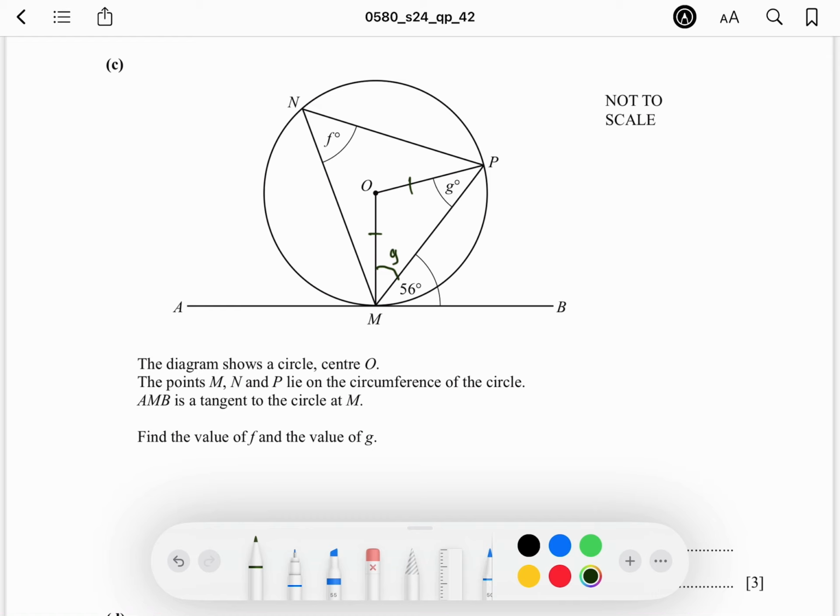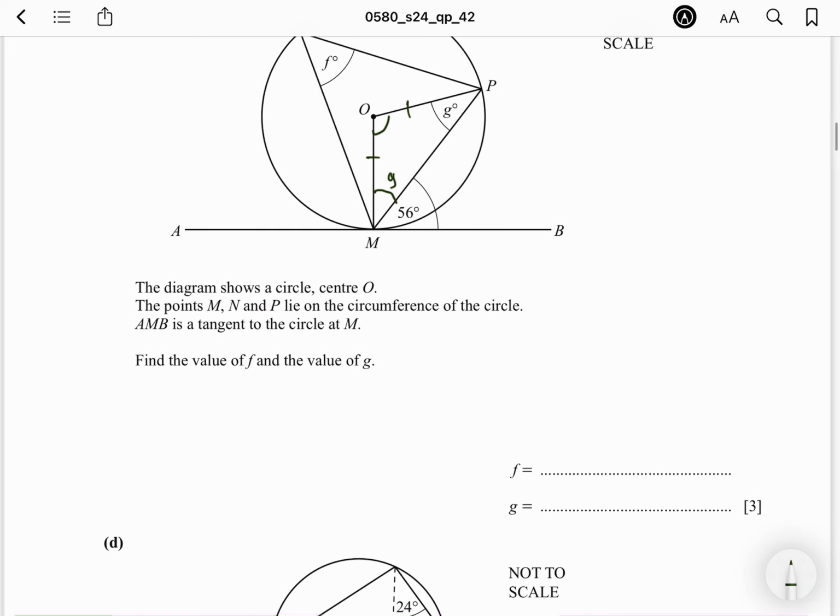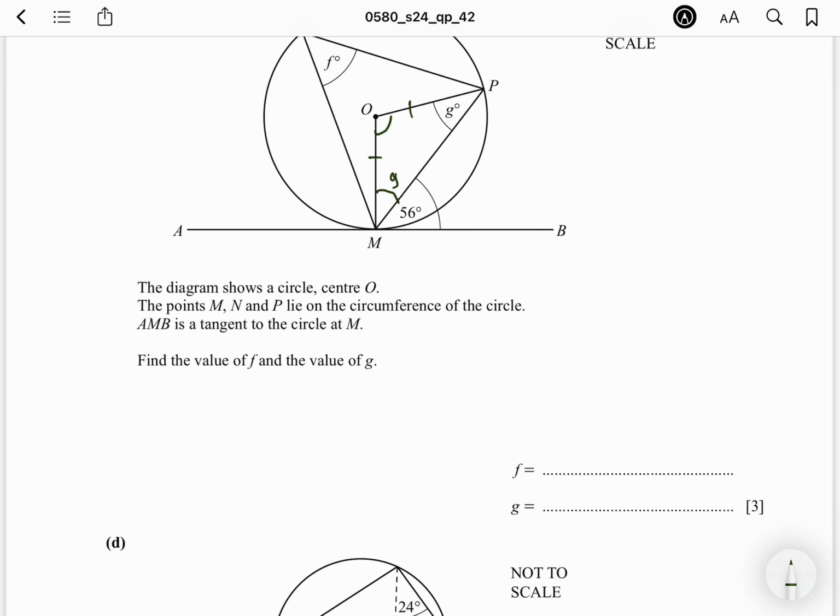Relationnya would be angle at the center is equals to 2 times angle at the circumference. So ada kaitannya dengan angle at the center sini. Once we identify all that, macam biasa you can put your notation macam biasa teacher buat for your revision sake. So in this case, you can find your G first.